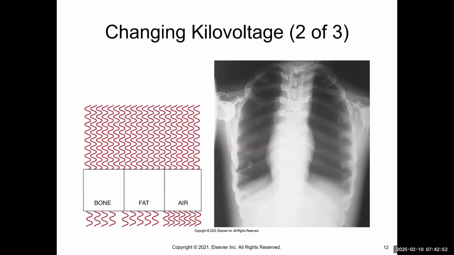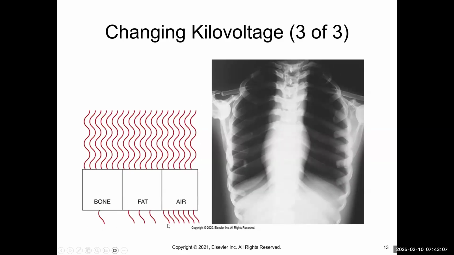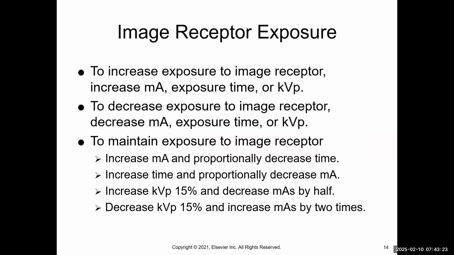And so this is just showing you that with higher kVp, the part is going to be more uniformly penetrated. See how there's more photons that make it through, as opposed to here with lower kVp. These brightness levels, there would be a lot more difference between them than there would be on the slide before. So the blacks are blacker, the whites are whiter. So that would be higher contrast there.